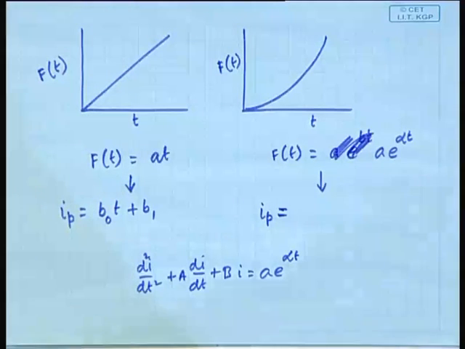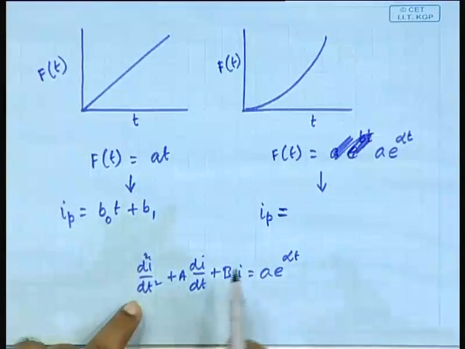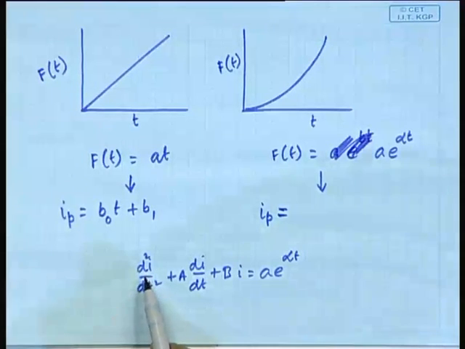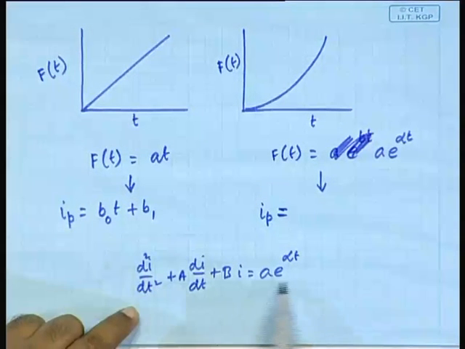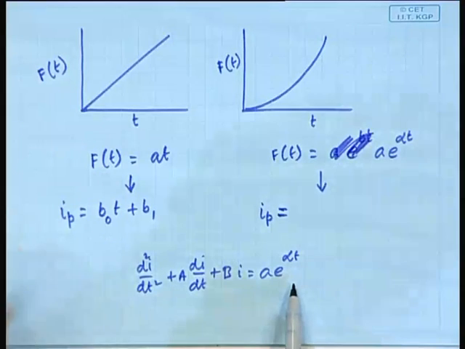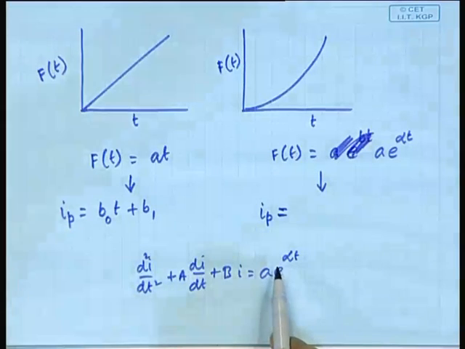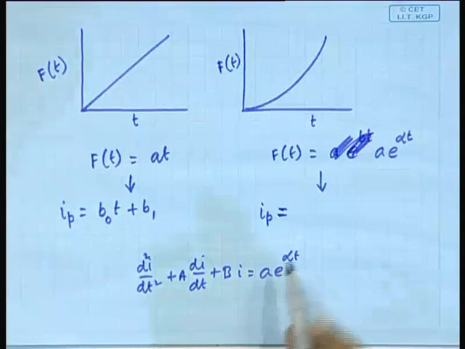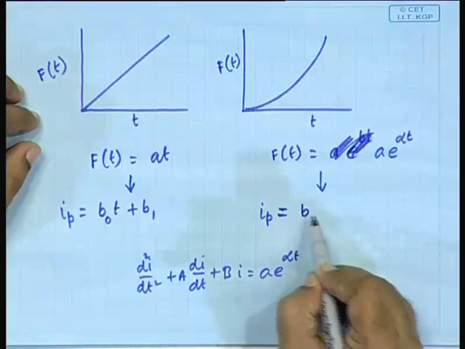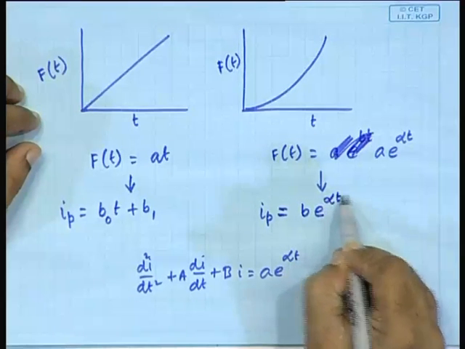Yes, that is the point. What should be the nature of I, what can be the nature of I, so that this equation is satisfied? That is what we are trying to guess as a trial solution. The point is that it will never be solved unless the exponents are the same. And so, a trial solution might be B e to the power alpha t.